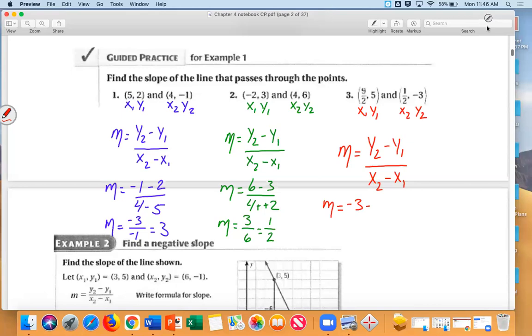So I get -3 minus 5 over 1/2 minus 9/2. -3 minus 5 is -8. 1 minus 9, because we subtract the numerators when we're dealing with fractions. 1 minus 9 is -8 over 2. But when we divide by a fraction, we actually multiply by the reciprocal. The -8's cancel, so I'm left with 2.